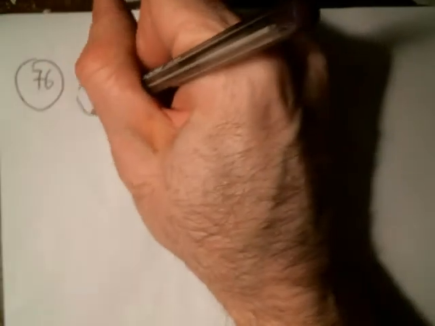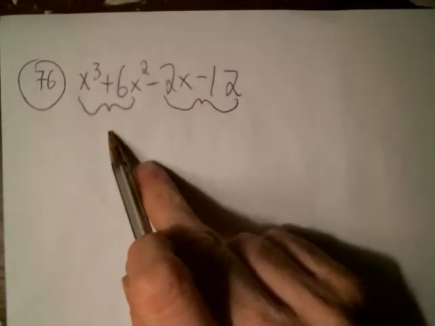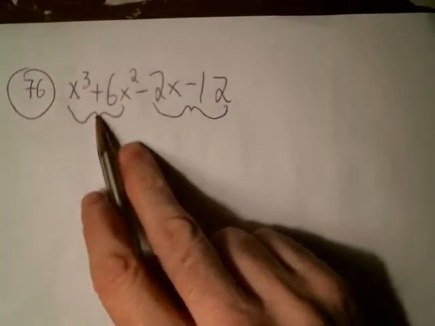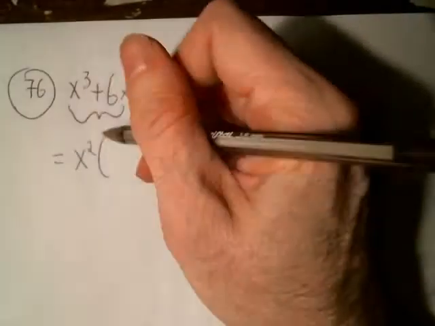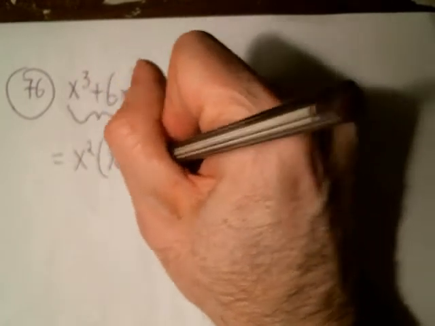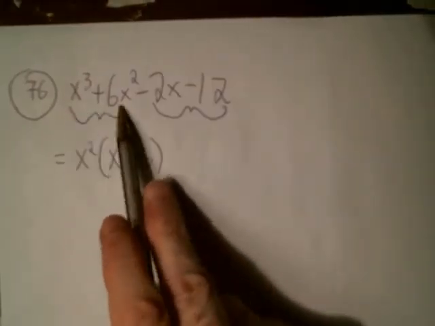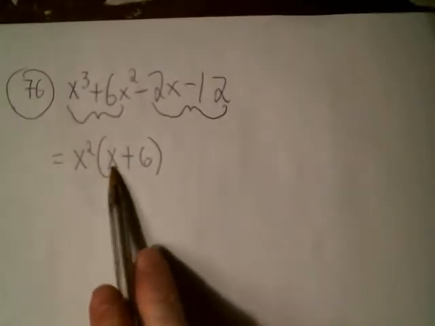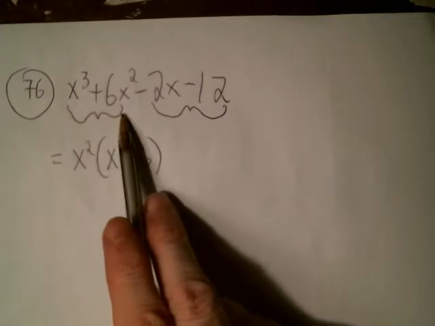So you work two at a time. For the first two, I'm going to factor out the x squared. So this will be x squared, and I'm left with x plus 6. And I can redistribute and see that that's exactly the same as this. x squared times x is x cubed. x squared times 6 is 6x squared.